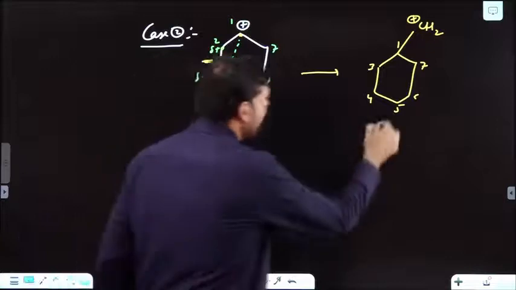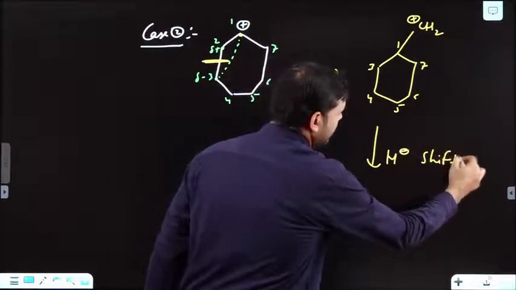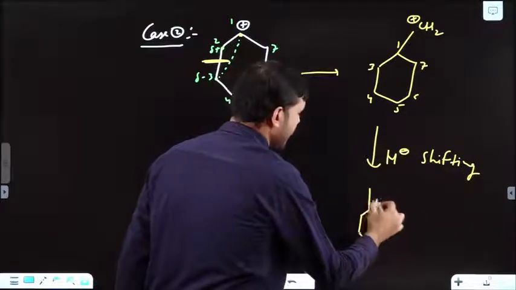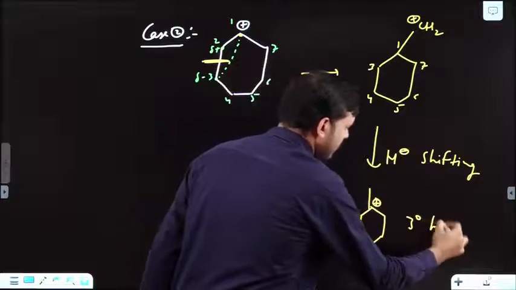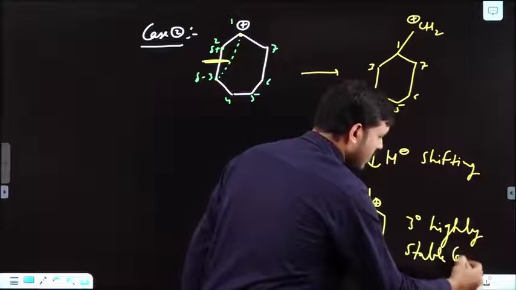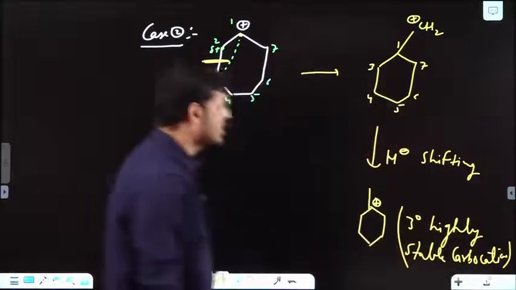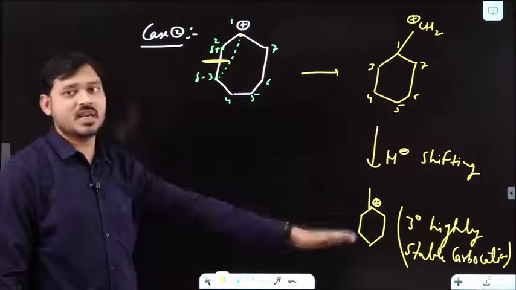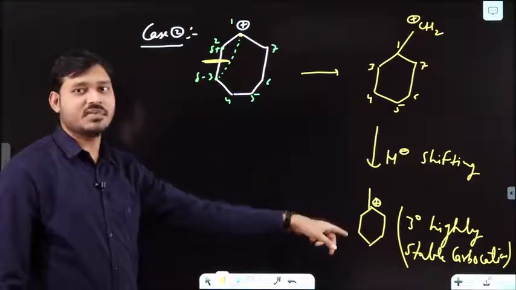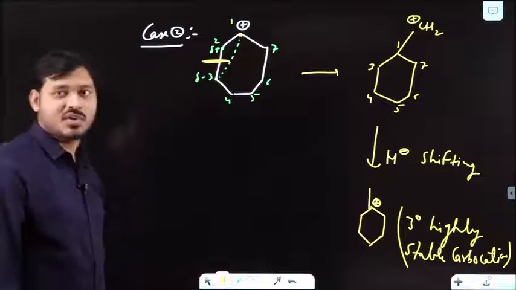Now there is a possibility of hydride shifting. So you will make a 3 degree, highly stable carbocation. So this is a case of ring contraction followed by rearrangement, hydride shifting. So ring rearrangement, then hydride shifting, again rearrangement, to make the most stable form of carbocation for this case.